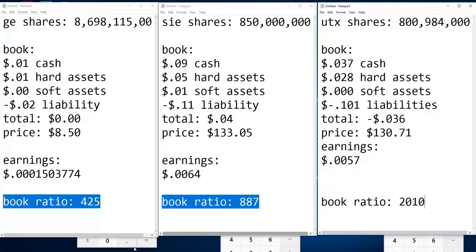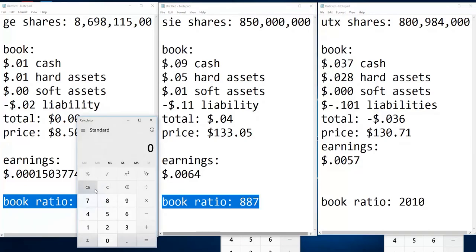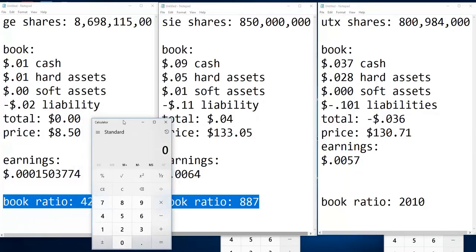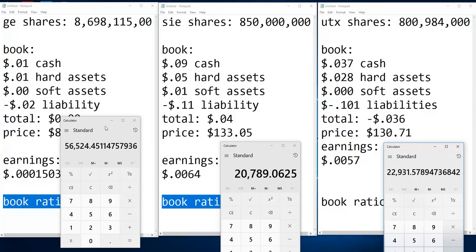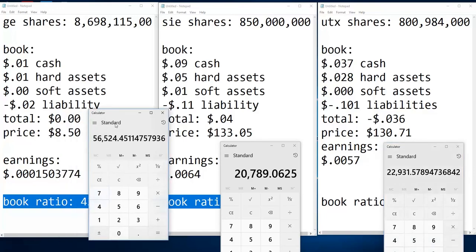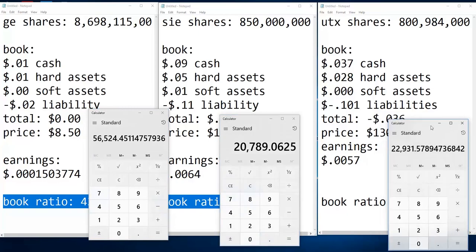All right, and then what we'll do is we'll now take a look at the price to earnings, the PE ratio. All right, so as we can see, based on price to earnings, GE is doing what? Horrible. Price to earnings is 56,000, which is more than double its competitors. And the reason why is because the earnings are so small, okay?